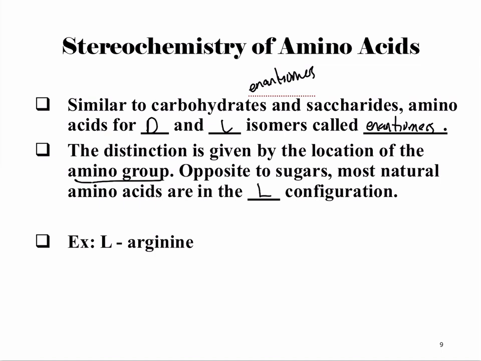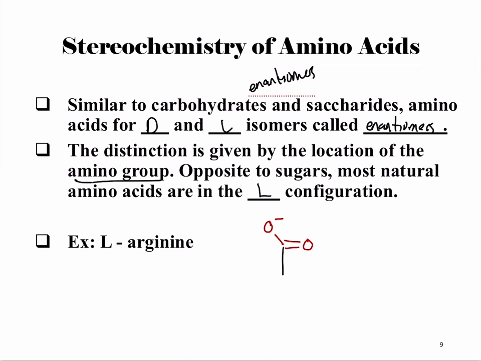And so if we look at an example, we can draw a Fischer-like projection for an amino acid. And the way we draw the Fischer projection is the same way. We put the orientation of the carboxyl and carboxylate group going up top. I erased that just because I want to stay with the same color convention, so that we have O minus there.